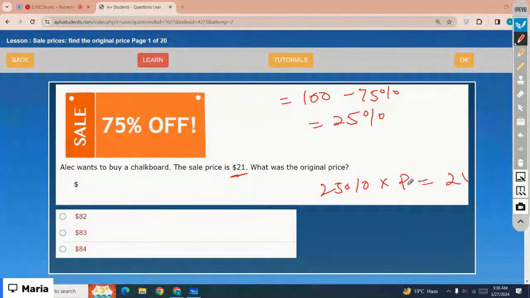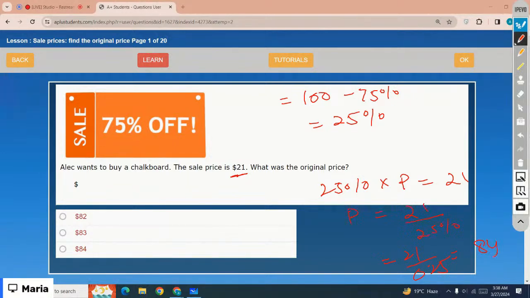P is multiplied by 25%, so when you move it to the other side, it would simply be divided. 25% means 0.25. So that is 21 divided by 0.25. That means the original price is 84. The correct option is 84.